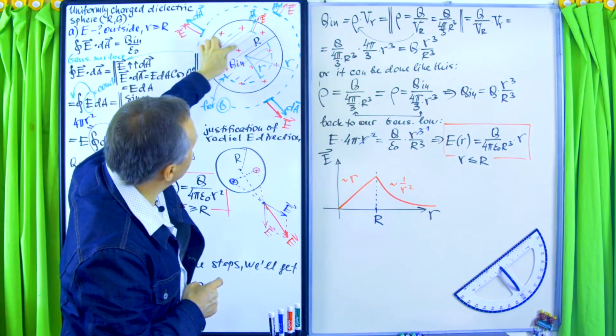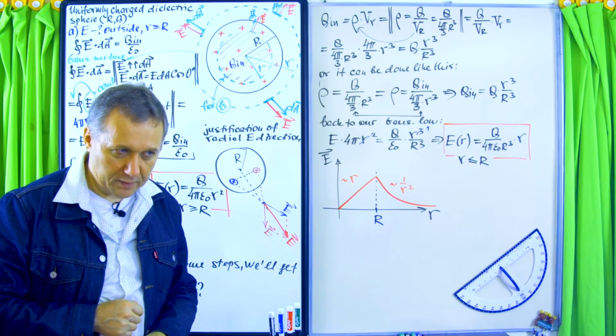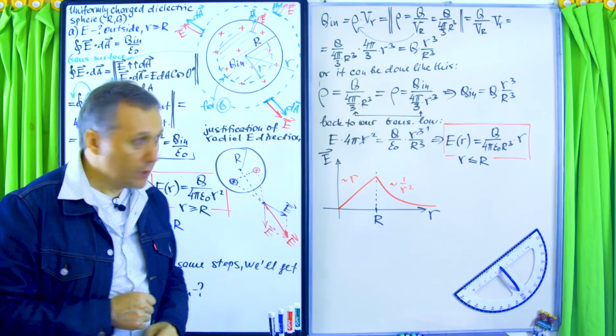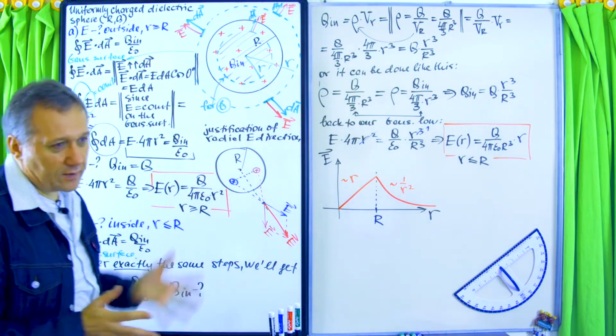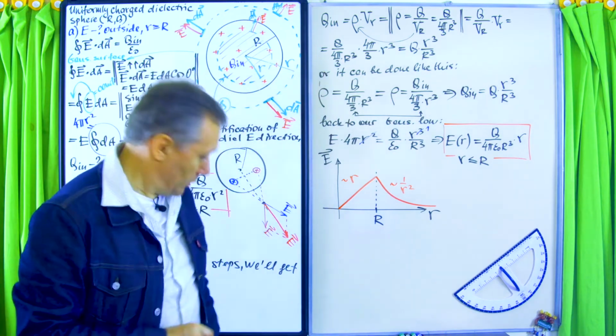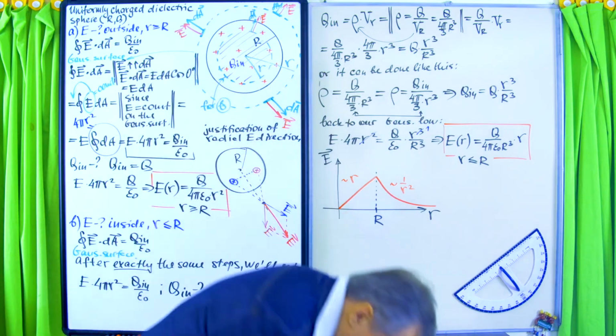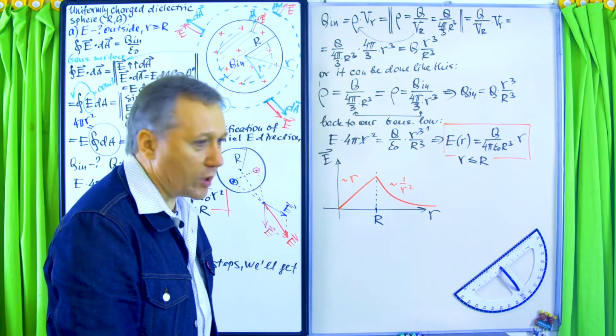But inside of the sphere, there is a concentric hole. Look at that problem. Again, these steps will be basically the same, but finding Q enclosed will be more complicated.